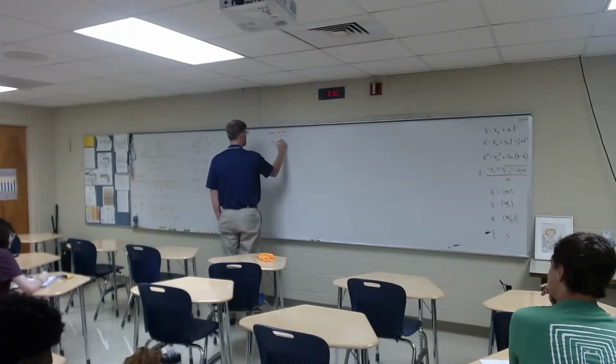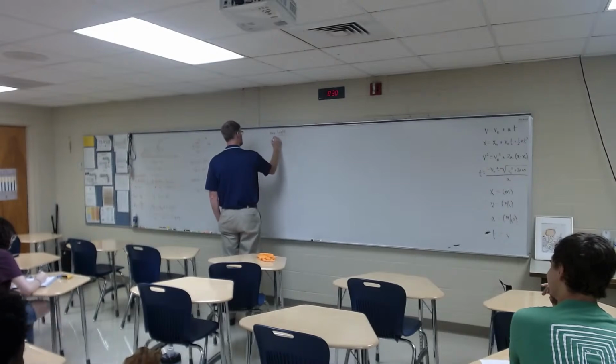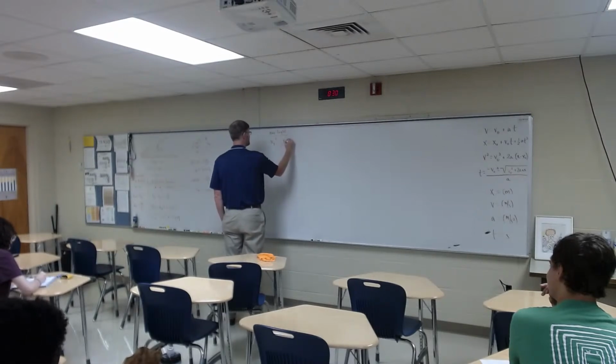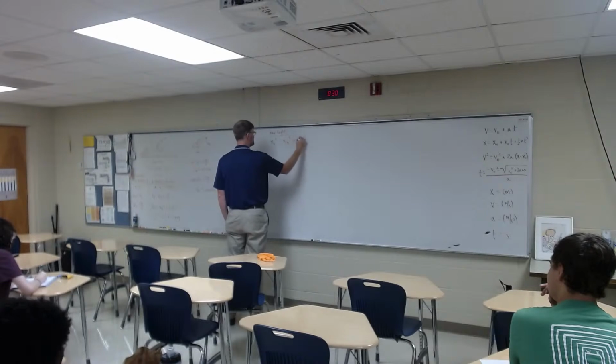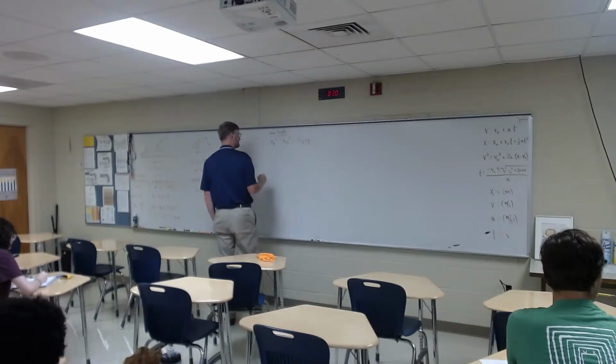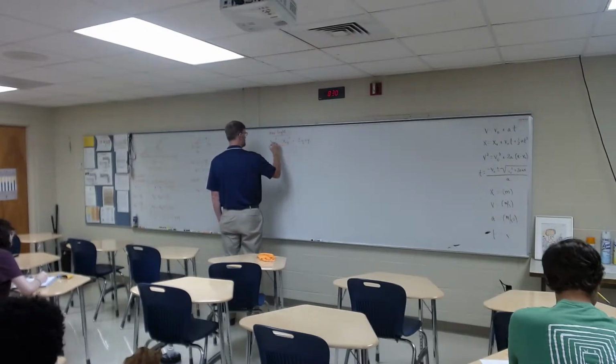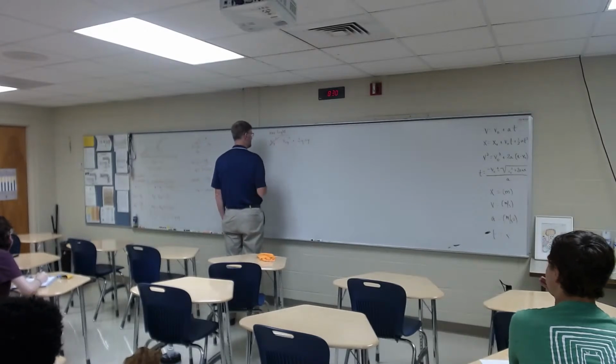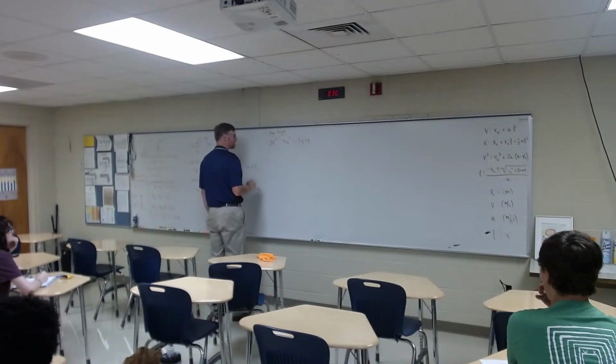Delta y, initial in the y direction. No, it's not. Wrong equation. Final velocity squared is initial velocity in the y squared plus 2g times displacement in the y direction. At this point, that is 0, right?